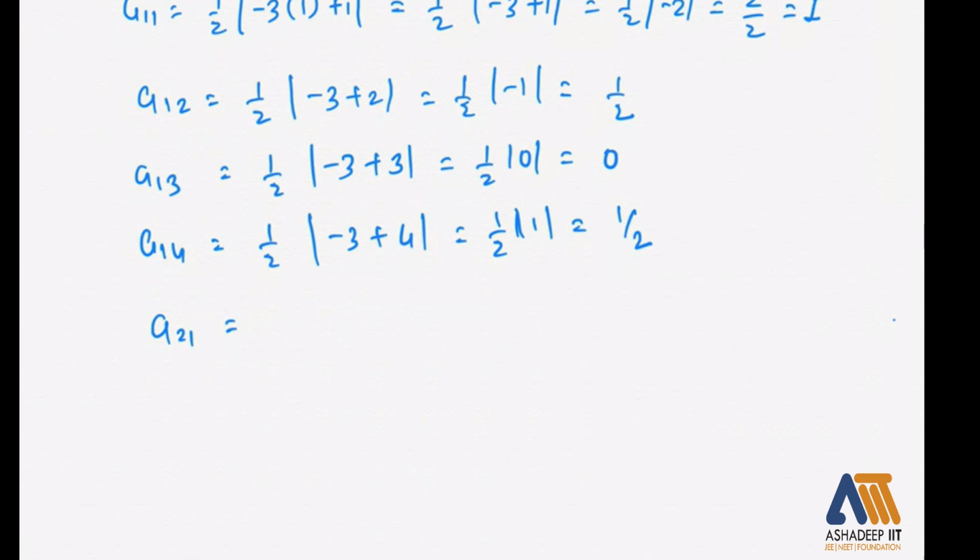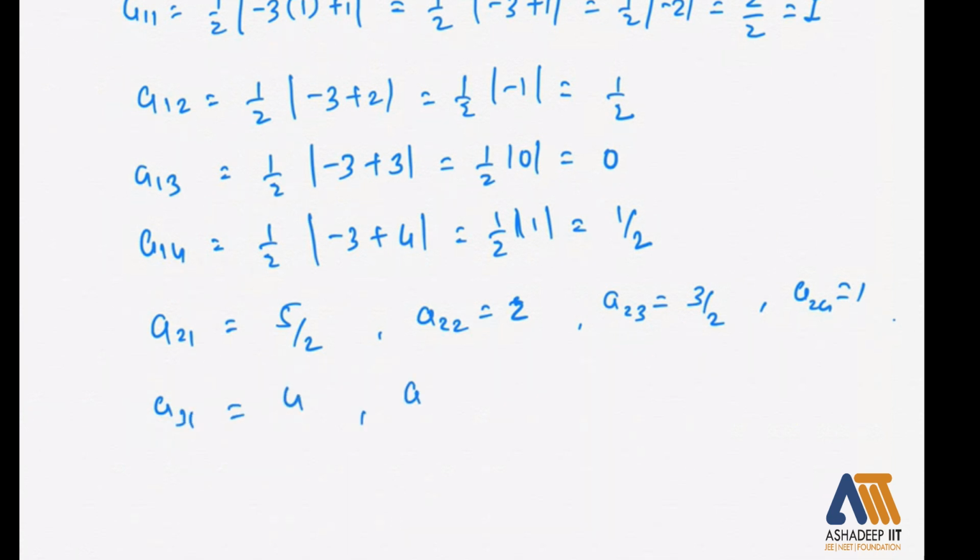So I directly write here A21, that should be 5 by 2, A22 is 2, A23 is 3 by 2 and A24 is 1, A31 is 4, A32 is 7 by 2, A33 is 3 and A34 is 5 by 2.